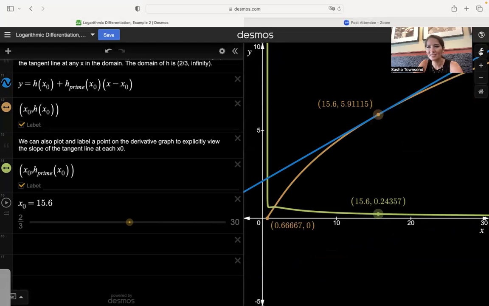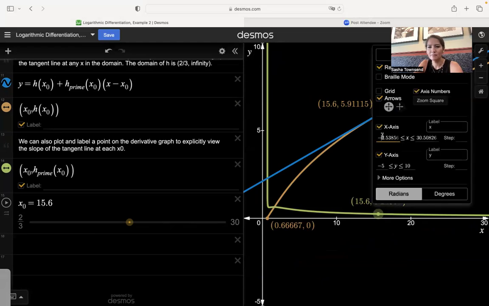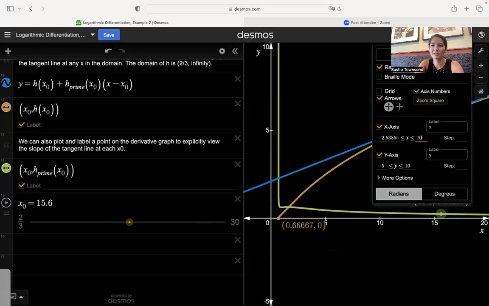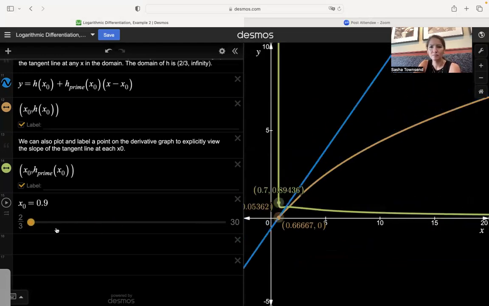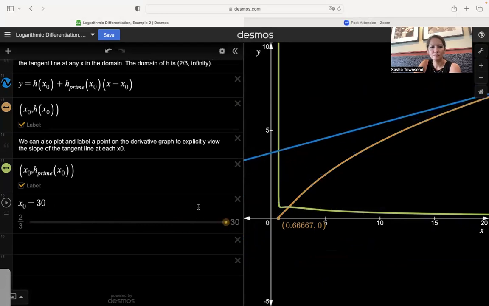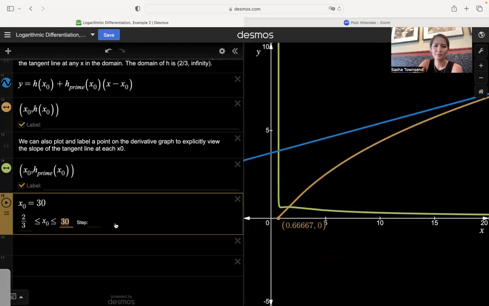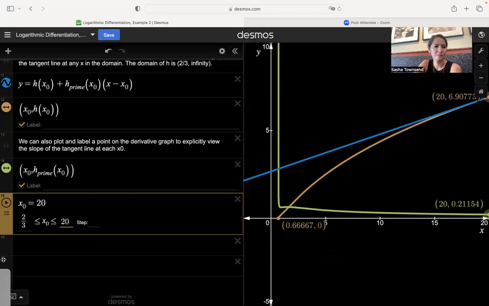And then let's let the x values go from, well, -2.5 to 30 is fine. Well, maybe we'll just go for -2.5 to 20. If we only go to 20 on the screen, we shall just go to 20 there.